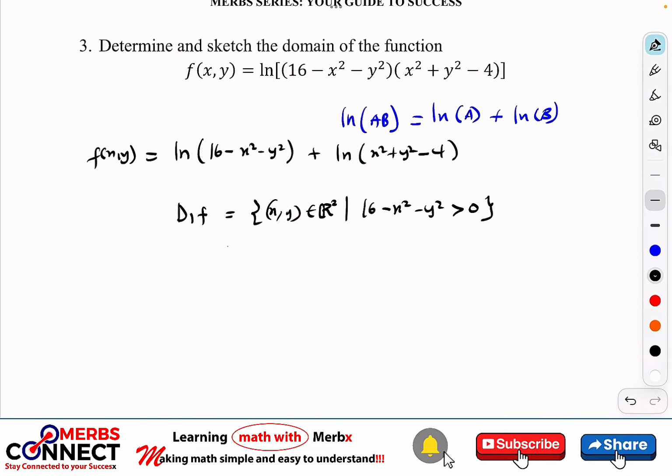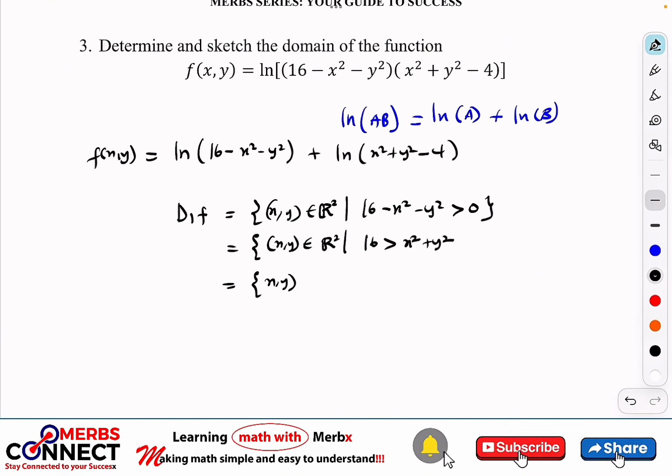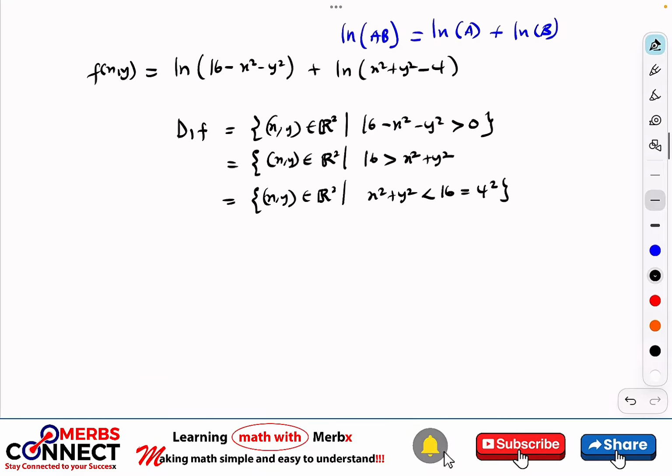So we can simplify this and have x, y belongs to R2, and 16 is greater than x squared plus y squared, so x squared plus y squared is less than 16, and 16 is the same as 4 squared.